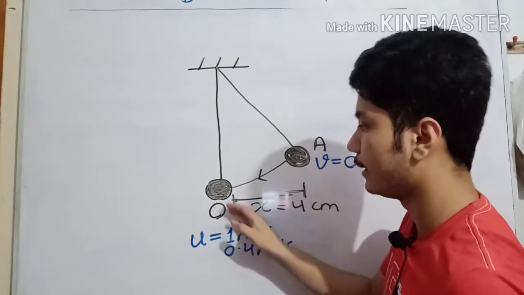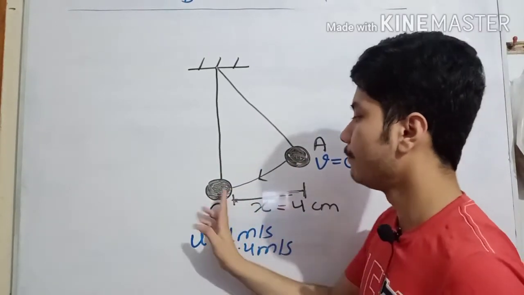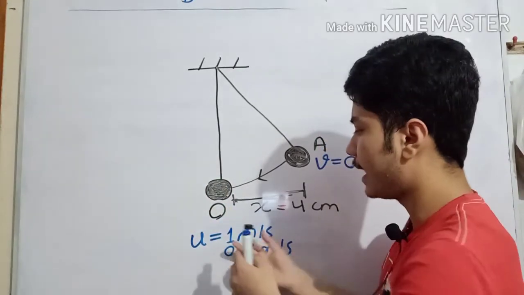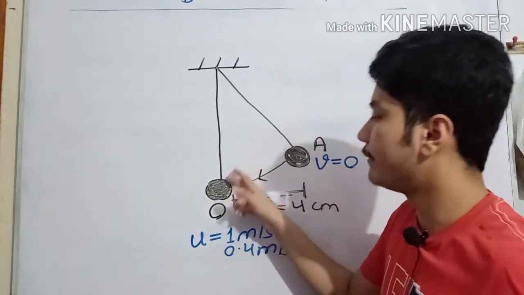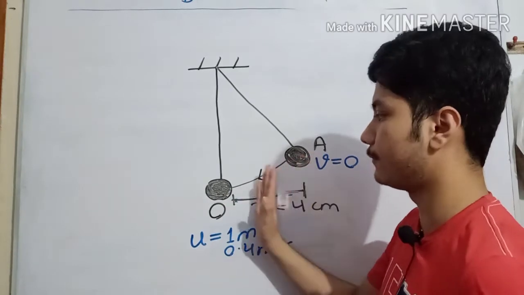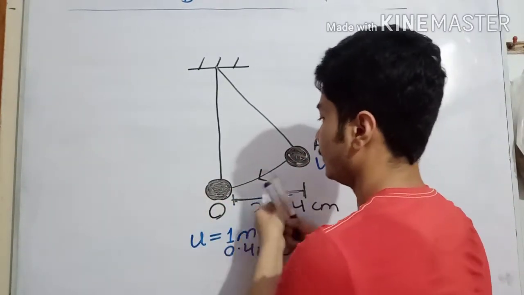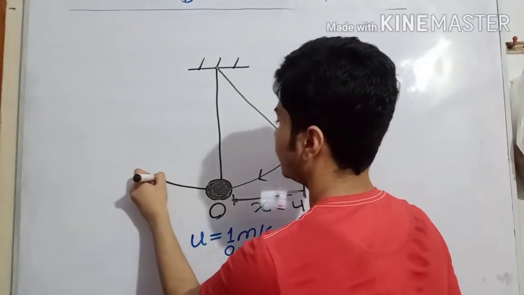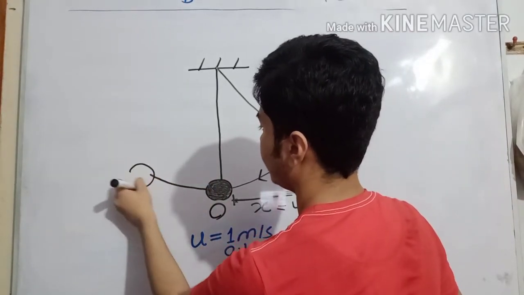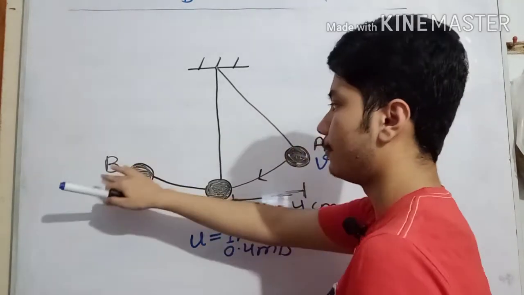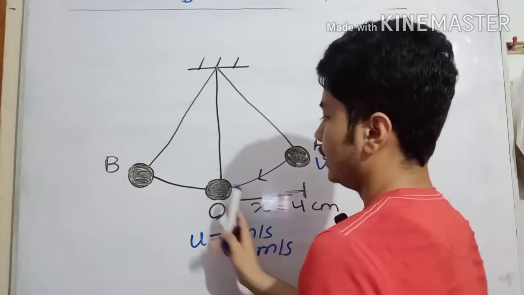It has some velocity, and when a body has some velocity, it will never stop. It will continue its motion like this and reach here. So the pendulum has now reached point B.